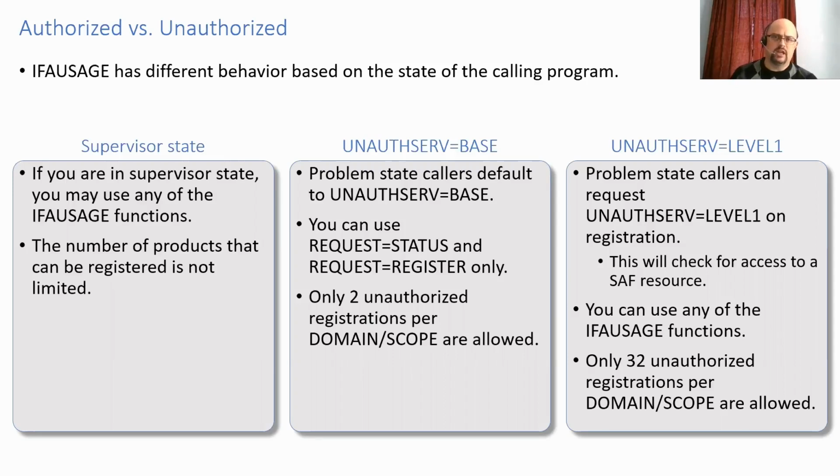If we have access to that resource, then the product is allowed to use any of the IFA usage functions. If we don't have access to the resource, we fail the registration. And there is also a limit here. Again, we don't want things running away too much, but it's capped at 32 unauthorized registrations per domain and scope, which hopefully is more than anybody needs.